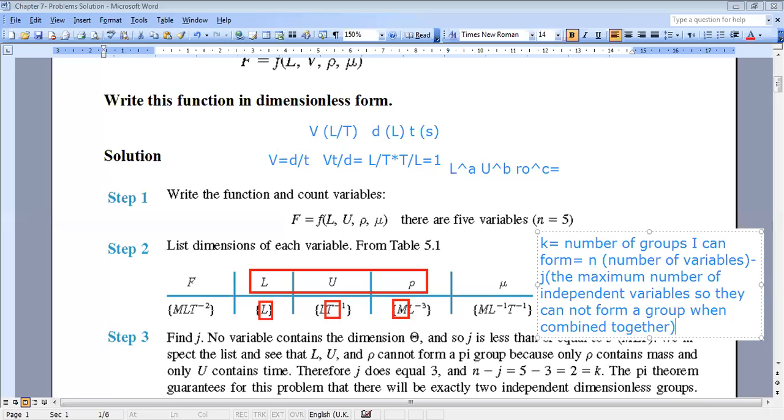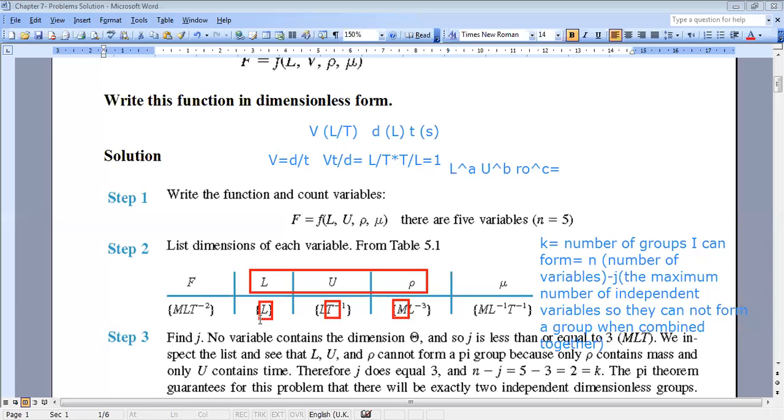So how can I choose this number? First, to have an idea about this number, I look at how many dimensions are involved in my variables. So I have 3 dimensions involved: L, T, and M. So at least I can say that J can be maximum equal to 3. So first, to take an approximation about J, I count the number of independent dimensions. Here, what are the 3 dimensions I have?